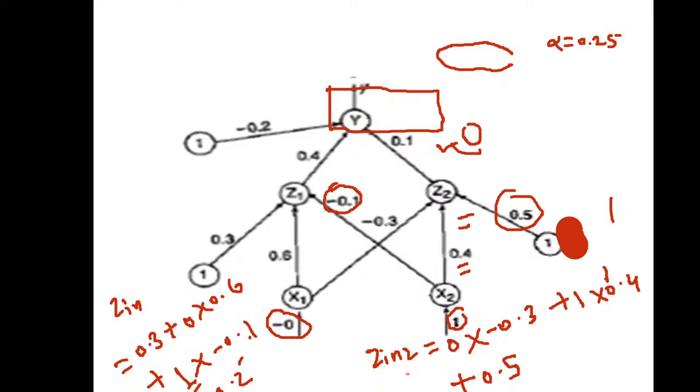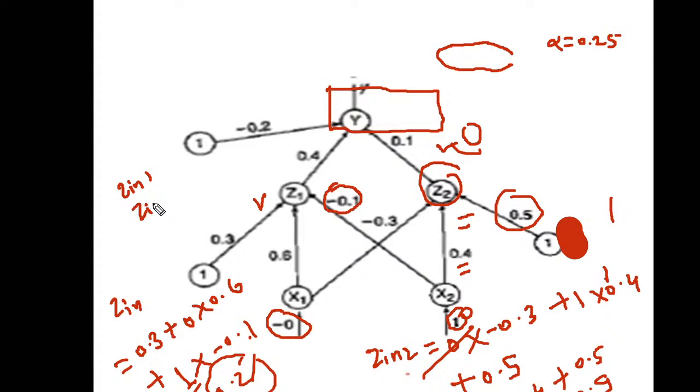Then add: 0.4 plus 0.5, so the total will be 0.9. This will be the total net input at z2, and this 0.2 is the total net input at z1.